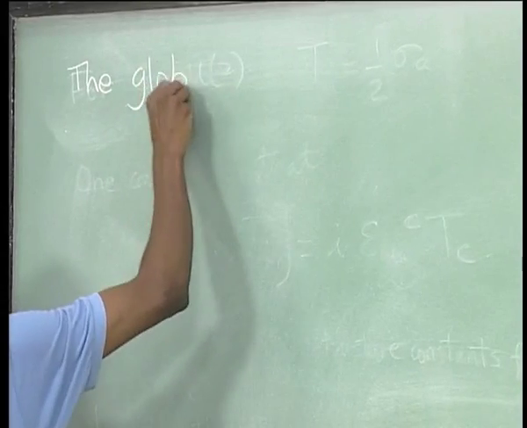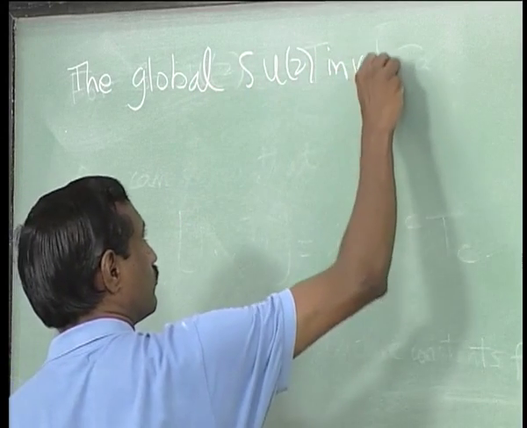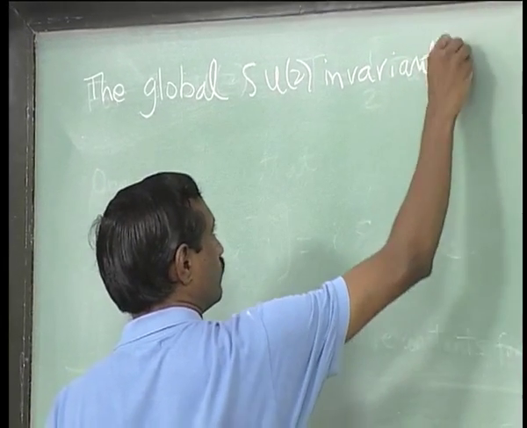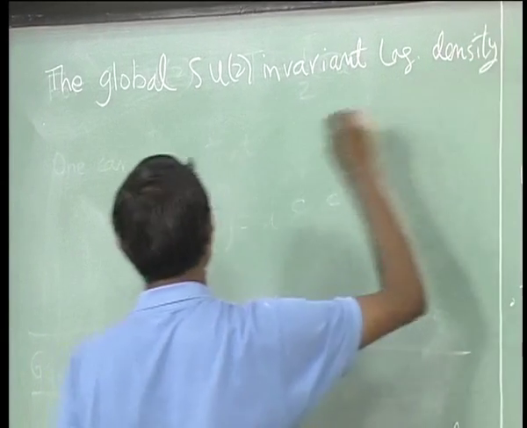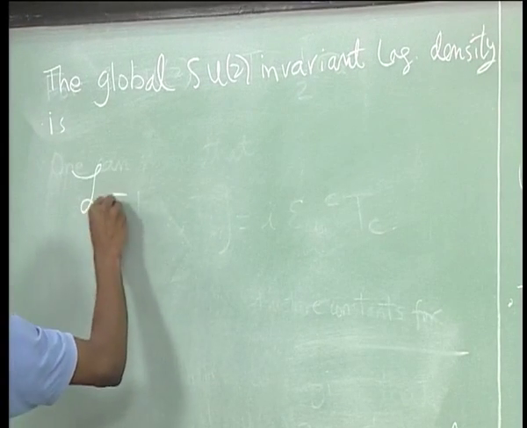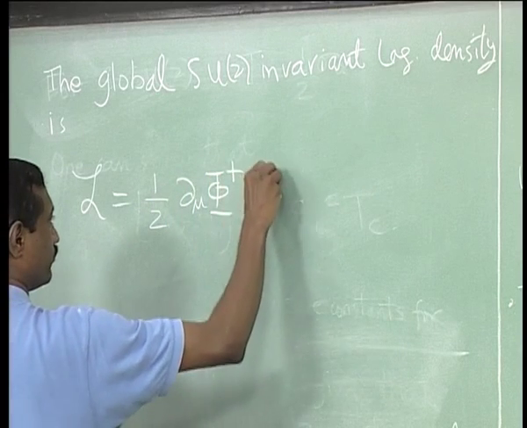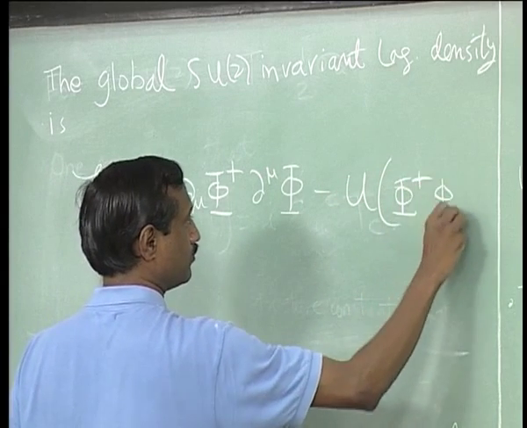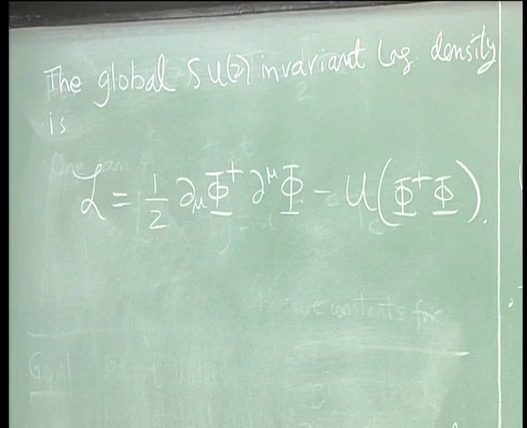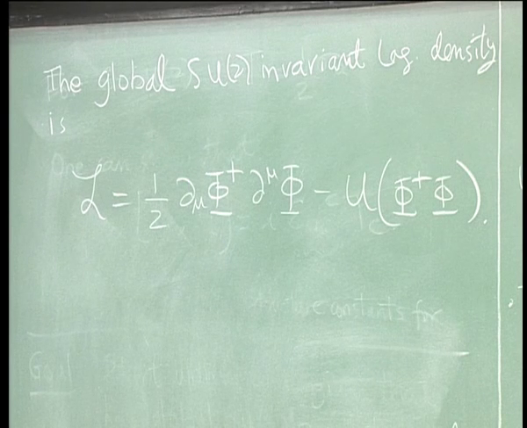Global SU2 invariant Lagrangian density is, and it is invariant by inspection, we do not need to do anything. So, now we have to clearly do the next step.